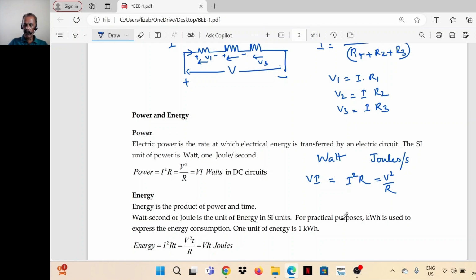Unit is kilowatt hour. 1 unit is 1 kilowatt hour or 1000 watt hour, that is 1000 watt into 3600 seconds. In certain cases, megawatt hour or even terawatt hour is also used.